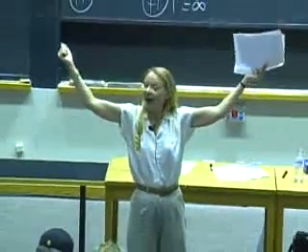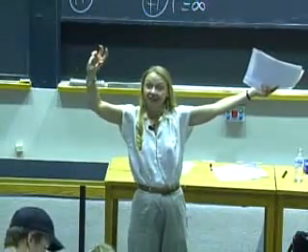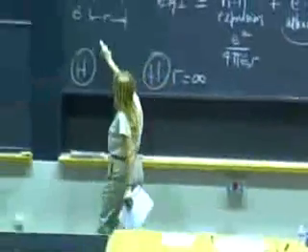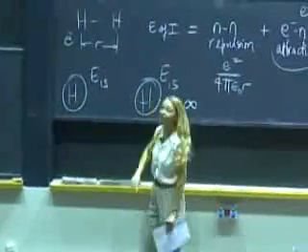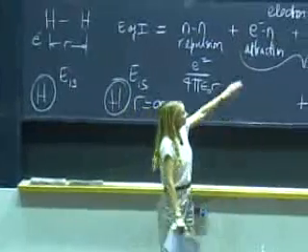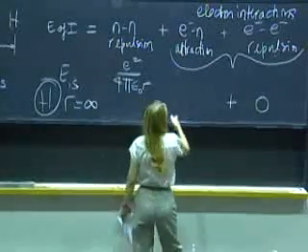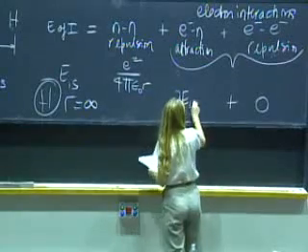When R is infinity, the energy of interaction is just the 1s binding energy of the electron to each of its nuclei. The electron nuclear attraction is just E sub 1s for this one and E sub 1s for that one. In a hydrogen atom, that's what it is. And so right here, this is equal to 2 times E sub 1s.